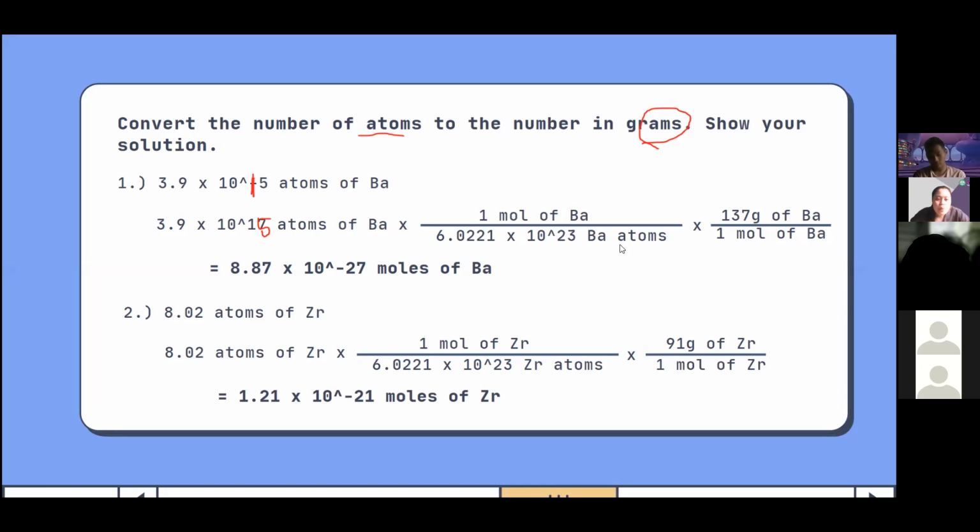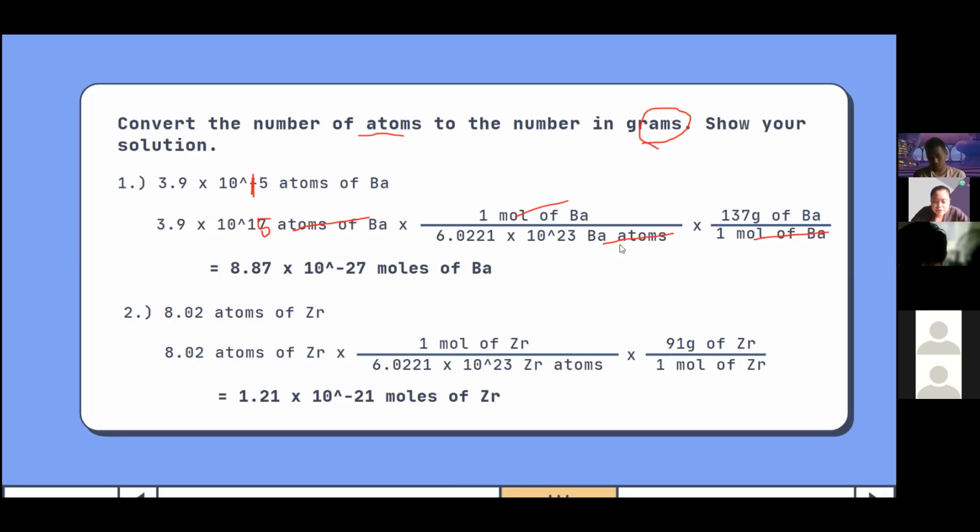Okay, that is 1.37 times 137. Take note, you have to cancel the units, atoms, atoms, moles, and moles. So you will be left here with grams.